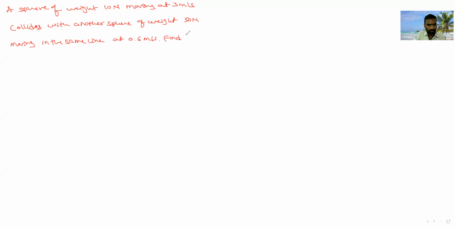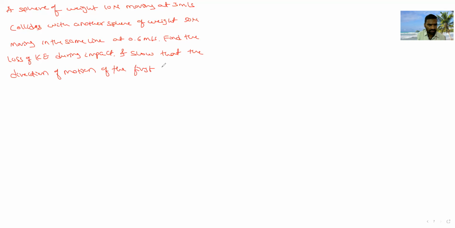Find the loss of kinetic energy during impact and show that the direction of motion of the first sphere is reversed after the impact.